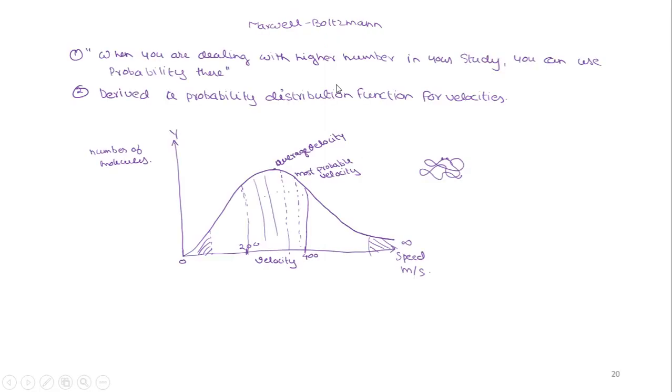We now know that the velocity distribution is a bell-shaped curve, right? Whatever the velocity distribution is, it is probably going to be a bell-shaped curve. But the problem is that the same bell shape can be represented using different curves.